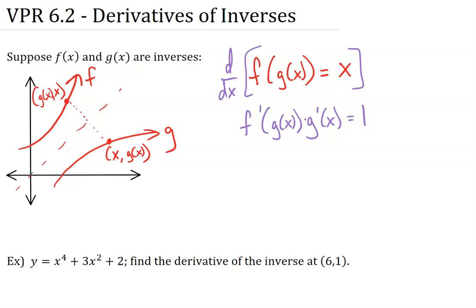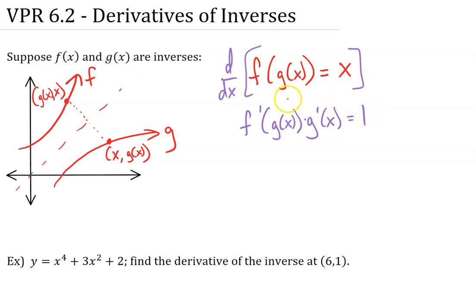Okay, so let's say that I know what my equation for f of x is, or maybe I don't even know the equation. Maybe I just have some ordered pairs that are on f of x, and I know some derivatives on f of x, but I don't know anything about g of x other than it is the inverse of f of x. I still want to be able to take the derivative of the g of x function at a specific point.